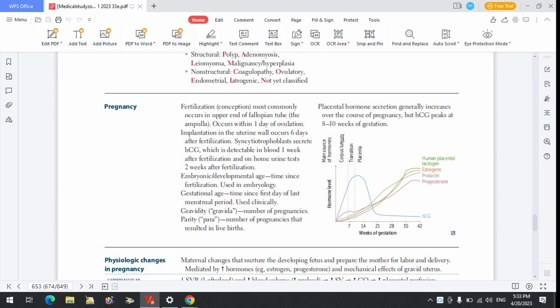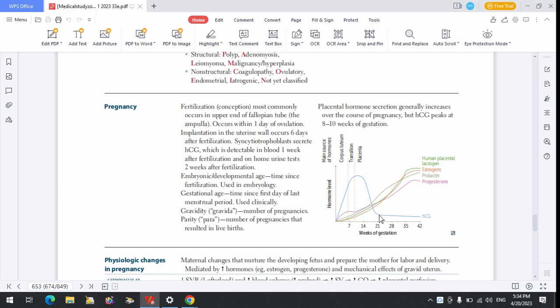Now, as the corpus luteum is maintained, it will be secreting progesterone. That's why progesterone is rising here too. But with time, the placental secretion of HCG peaks at 8 to 10 weeks, then it starts dropping, and about 21 weeks its levels plateau.